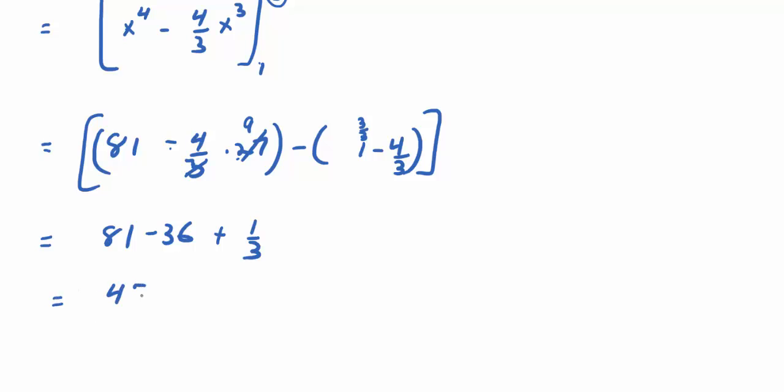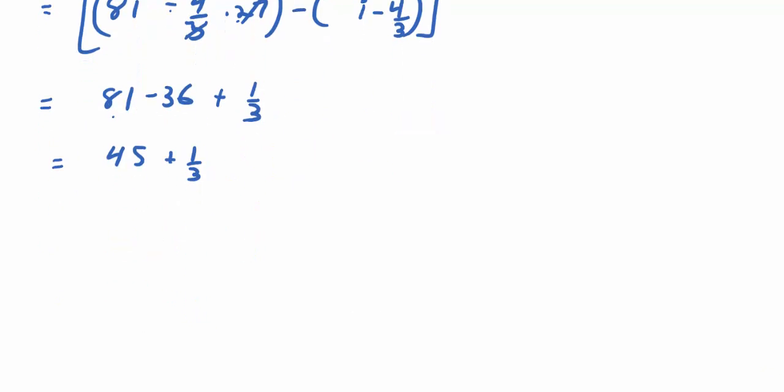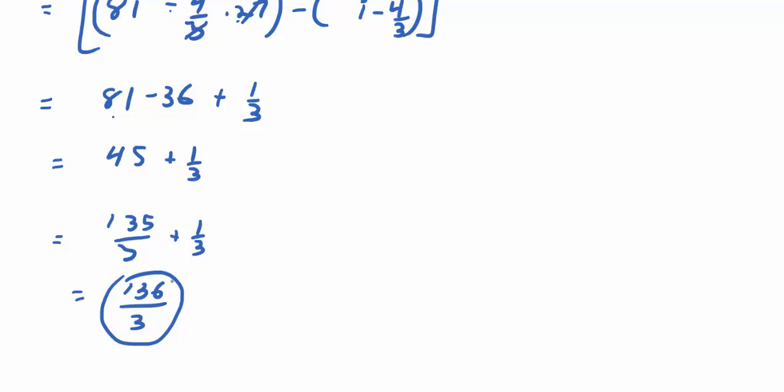So we get 45, since 81 minus 36 is 45, plus 1/3. And 45 is 135 thirds, plus 1/3. So 136/3 is your answer. And that's a volume. So whatever the original units are, the units of volume will be cubic units.